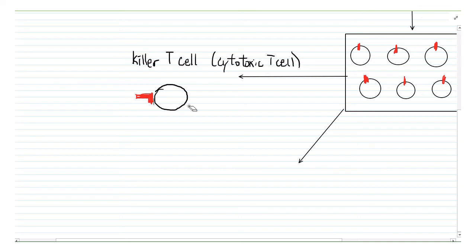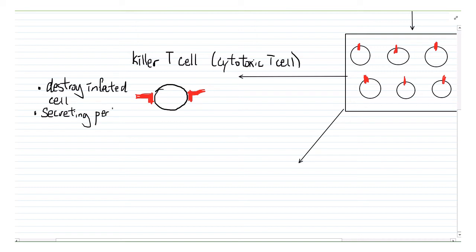The cytotoxic T cells' job is to destroy infected cells, and they do that by secreting something called perforin. Perforin is a molecule that will insert holes in the membranes of the target cells.